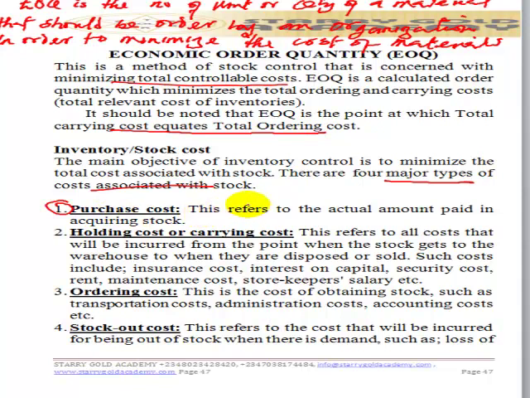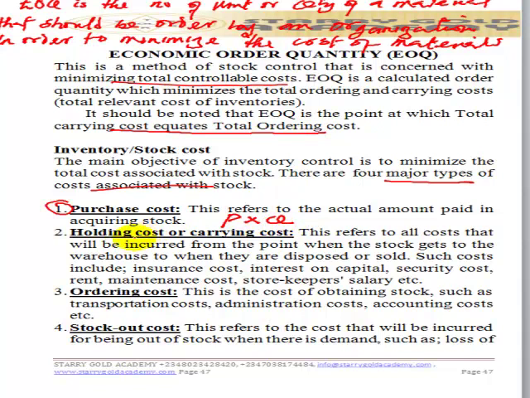The first one is the purchase cost. This refers to the actual amount paid in acquiring the stock. So this is what will be paid to an organization for buying an item, and it is based on the price for 1 unit times the quantity to be purchased.